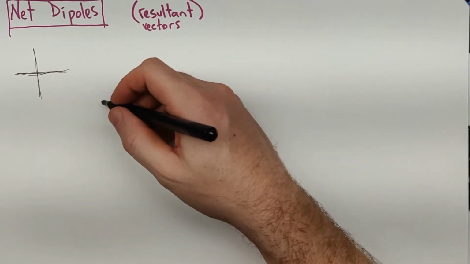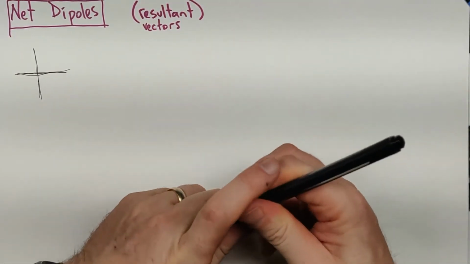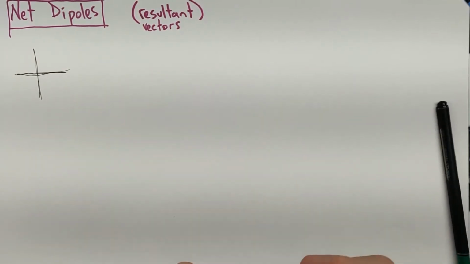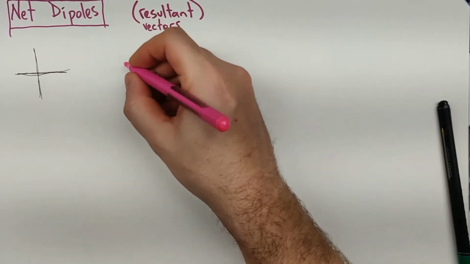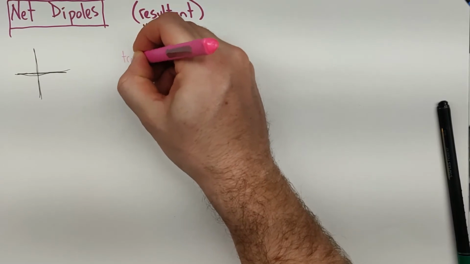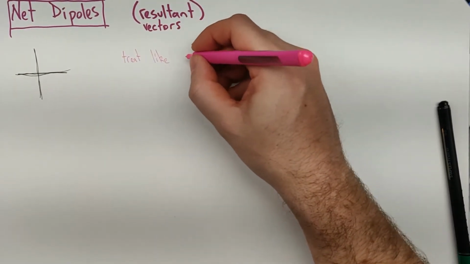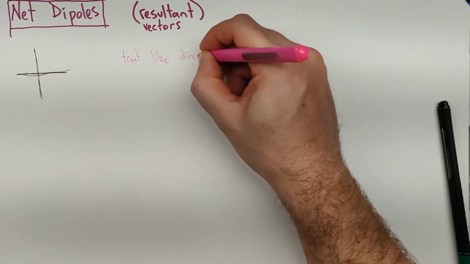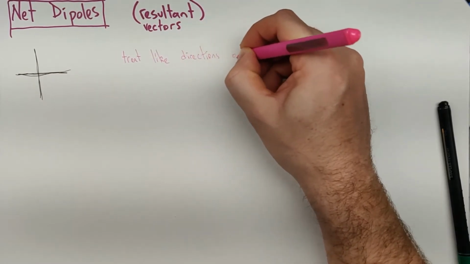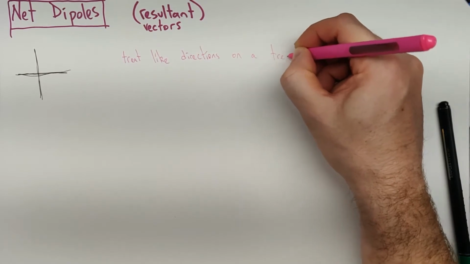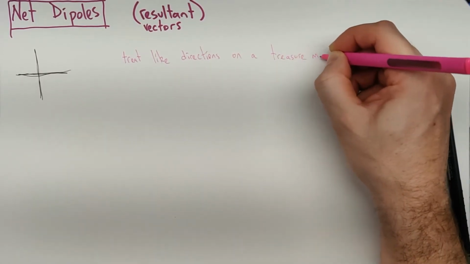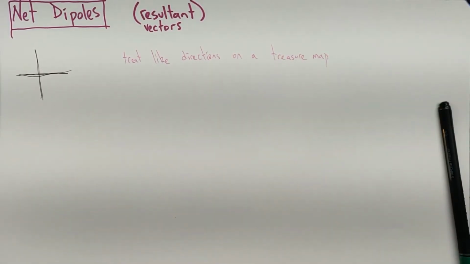Now, what we are really doing, and I think the easiest way to handle this, and we're taking all the math out, but there's lots of great math involved, is we're going to treat them like directions on a treasure map. And I know it sounds lame, but it works out pretty well for us.